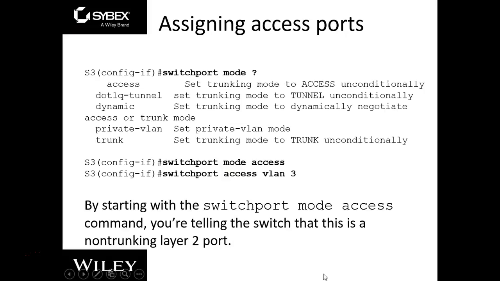Assigning access ports to the VLAN: switchport mode access and then switchport access VLAN 3. So first we make it an access port and then we assign the VLAN to the access port. If you do it in the wrong order, it'll just tell you that you can't do it.